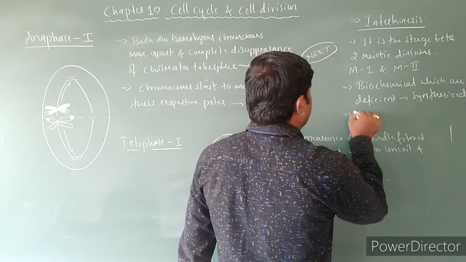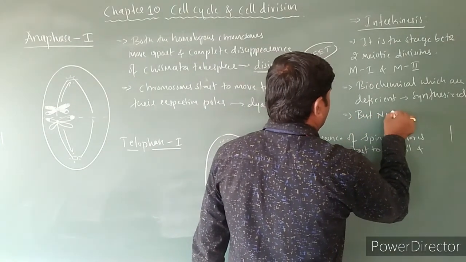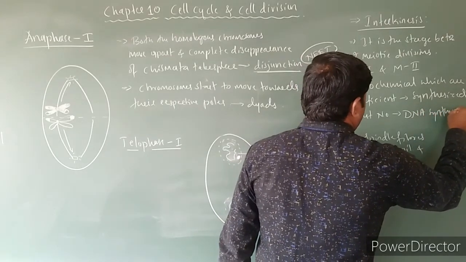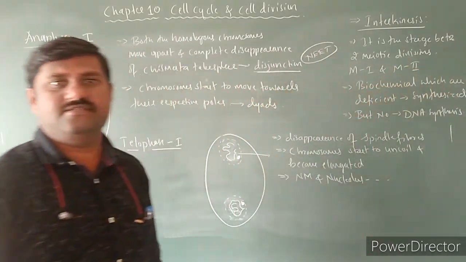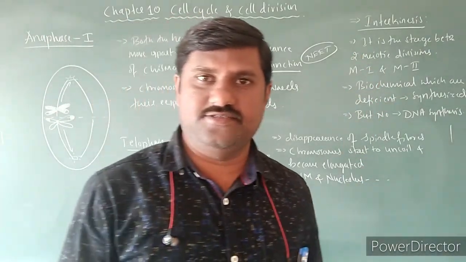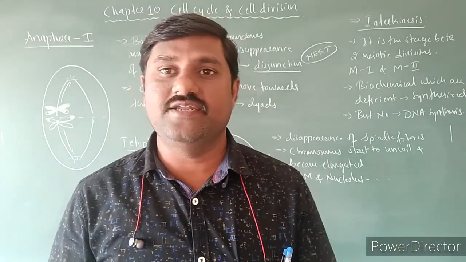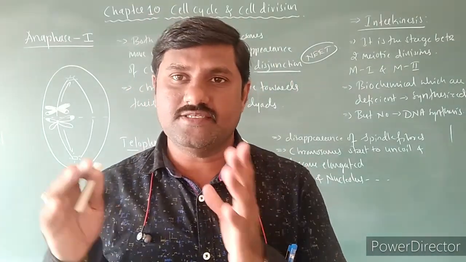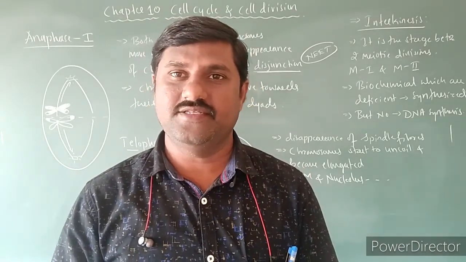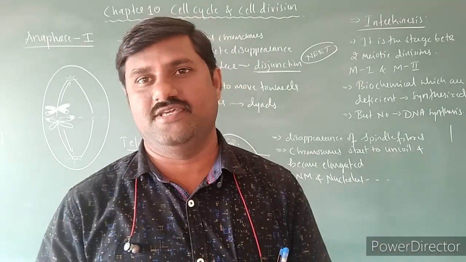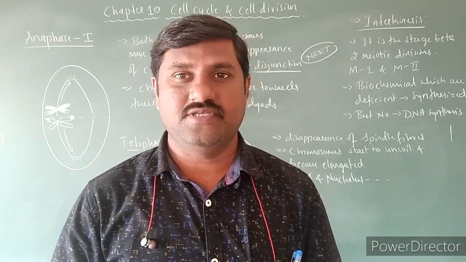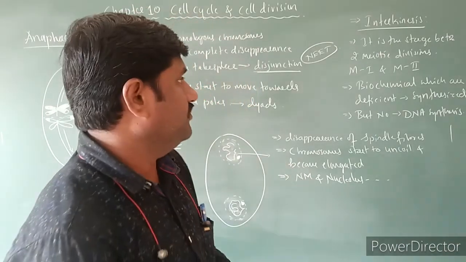But there is no DNA synthesis during this stage. And cytokinesis, what is cytokinesis? Cell division itself. It occurs in some cells, but it is omitted in some other cells, meaning cytokinesis doesn't occur completely there. It is arrested. So that's why you must remember.